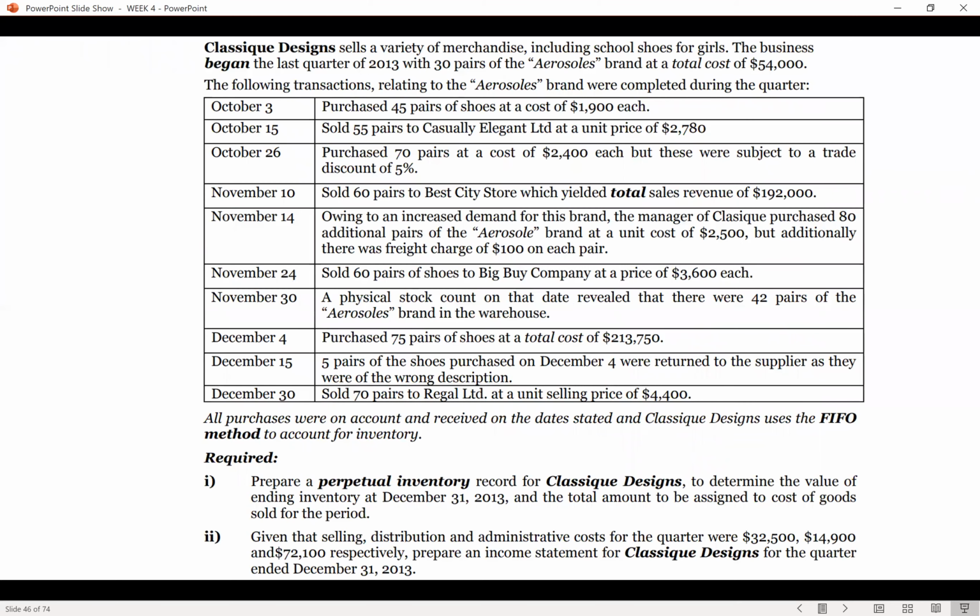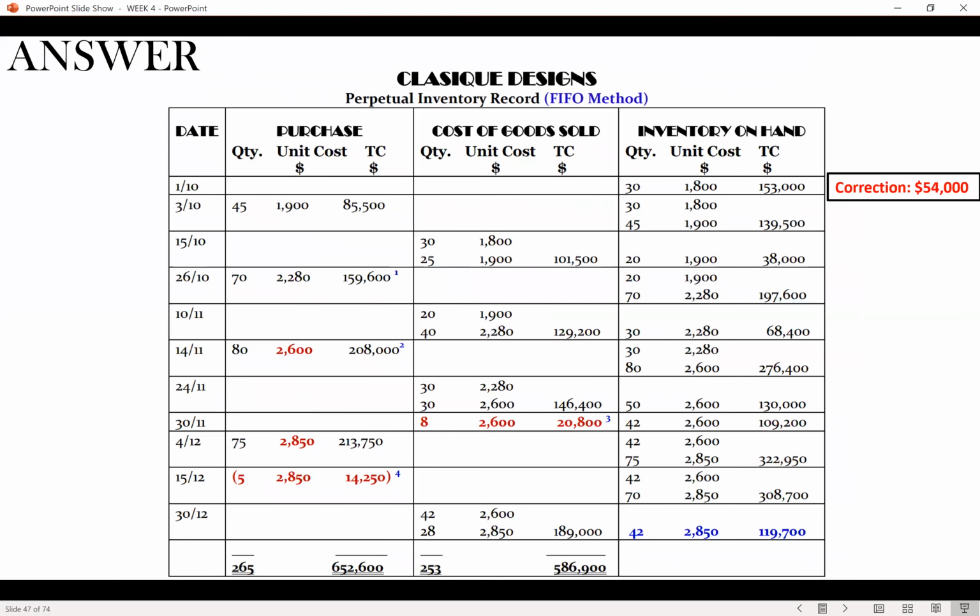So the next statement is just a little bit of information. We have no more transactions to put in our perpetual inventory system. So now we can close it off by summing the various columns. So we come to our purchases, add all the quantity, remember, noting this 5 in brackets should be subtracted, right?